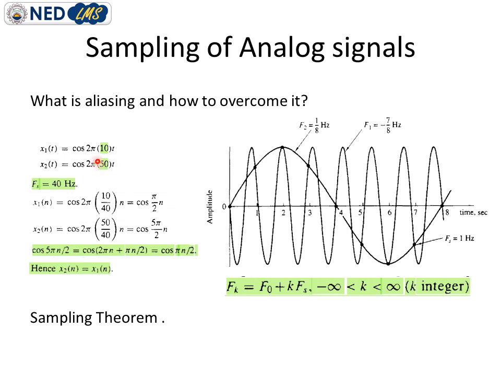So small f is equal to capital F by Fs, 10 over 40 for the first signal and 50 over 40 for the second signal. After cancelling the ratio, the first becomes cos pi over 2 n, and the second signal becomes cos 5 pi by 2 n.